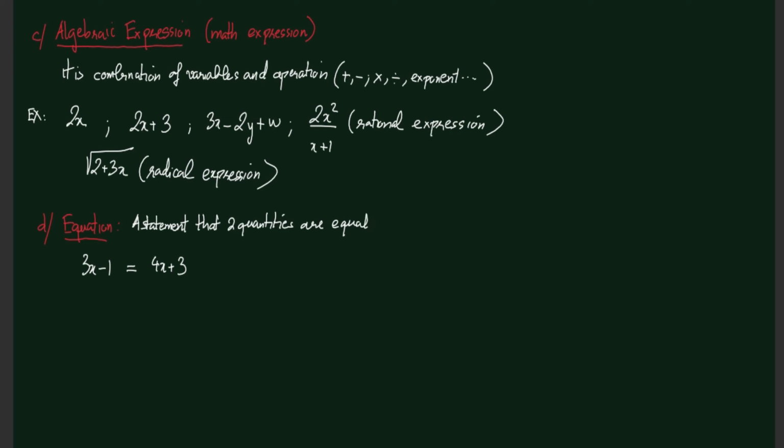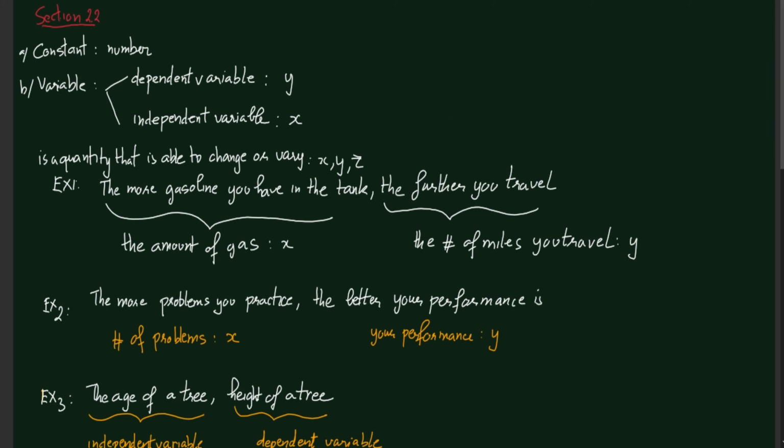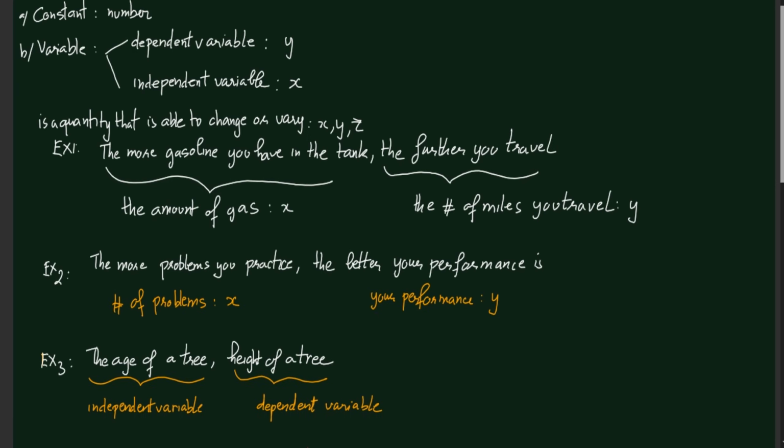Okay, so this is the first quantity, and over here is the second quantity. So they are equal to each other.